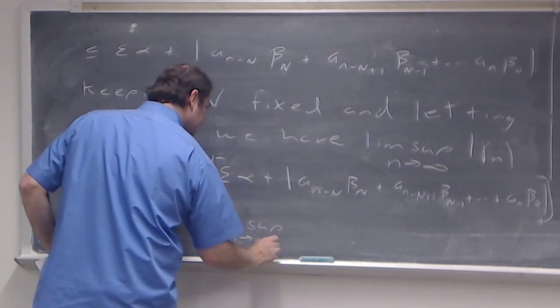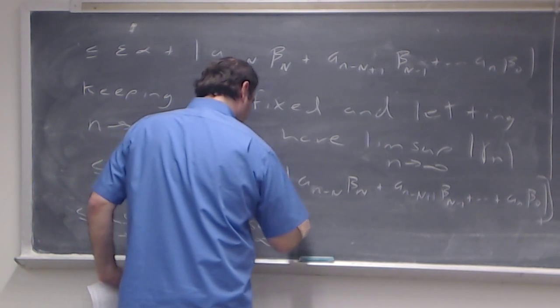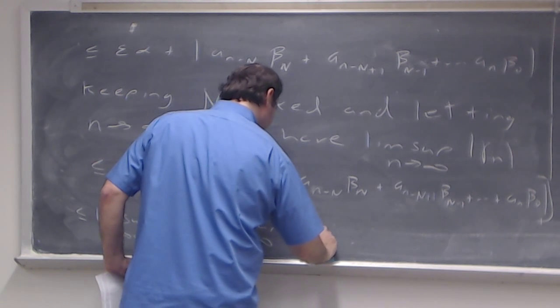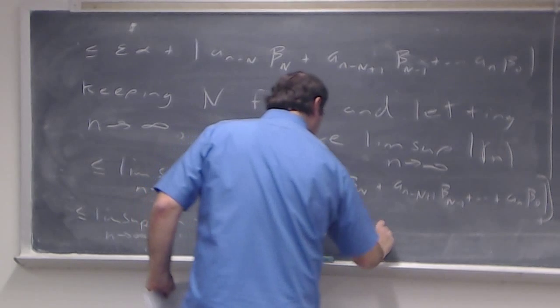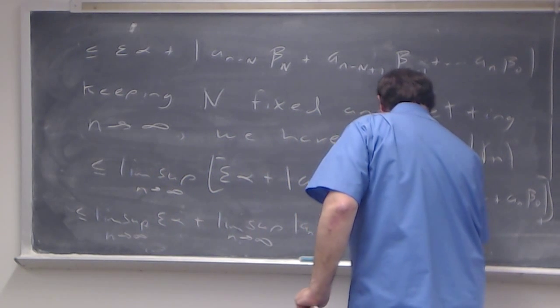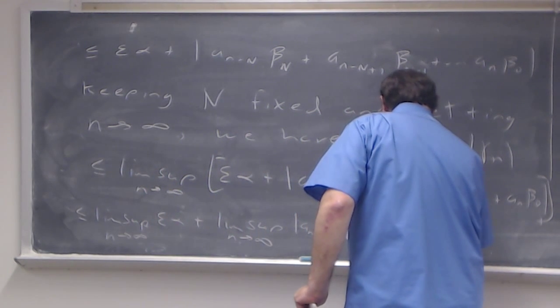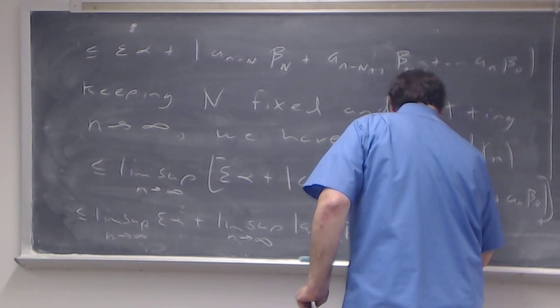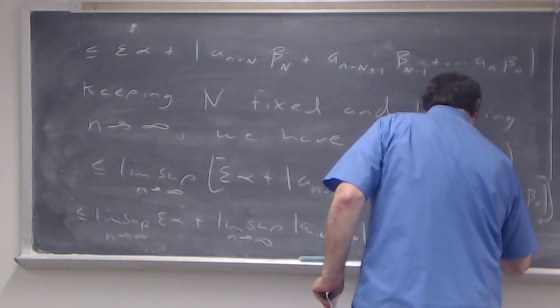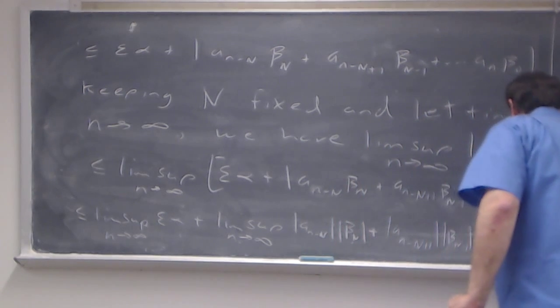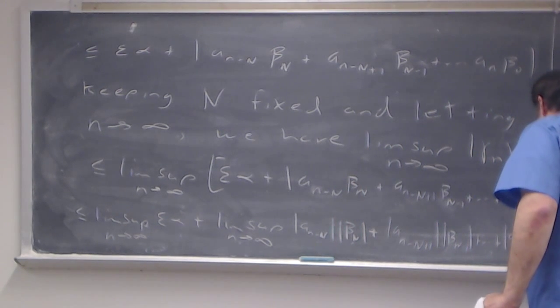as n goes to infinity of, well, the absolute value of a sub n minus big N times the absolute value of beta sub big N plus the absolute value of a sub n minus big N plus 1 times the absolute value of beta sub big N minus 1, plus all the way up to the absolute value of a sub n times the absolute value of beta sub 0.